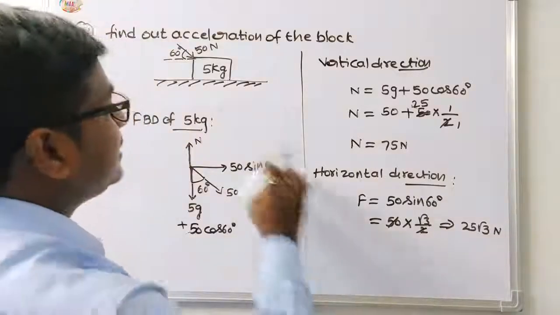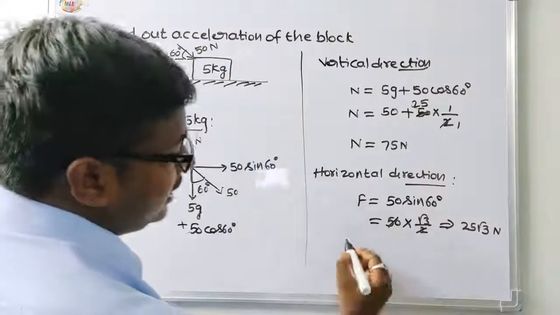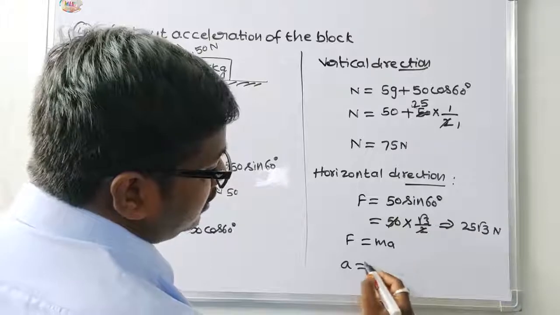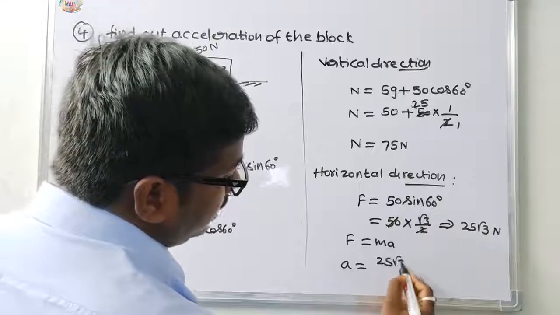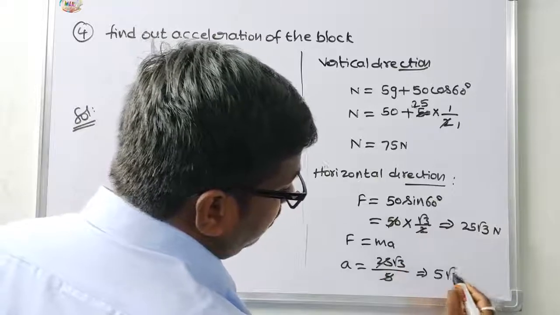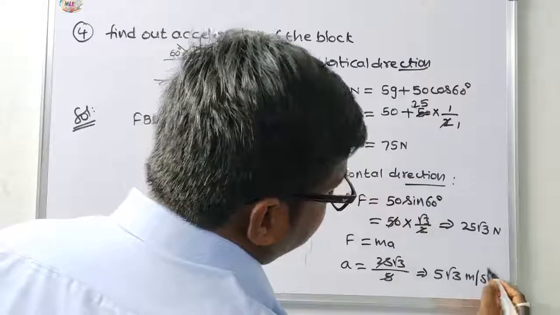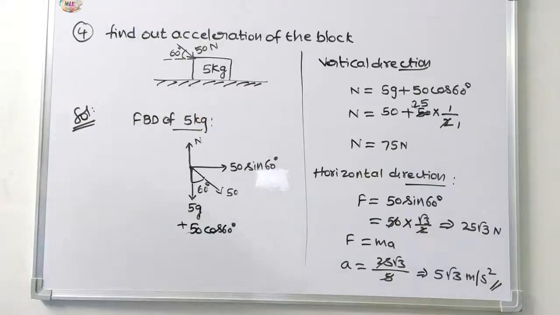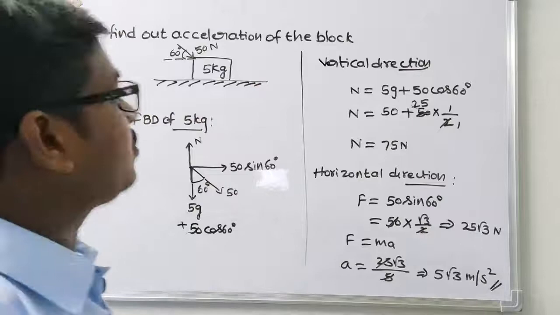Force and mass are known, so we can find the acceleration easily. F is equal to ma, so a is 25 root 3 by 5, which is 5 root 3 meter per second square. Acceleration is equal to 5 root 3 meter per second square.